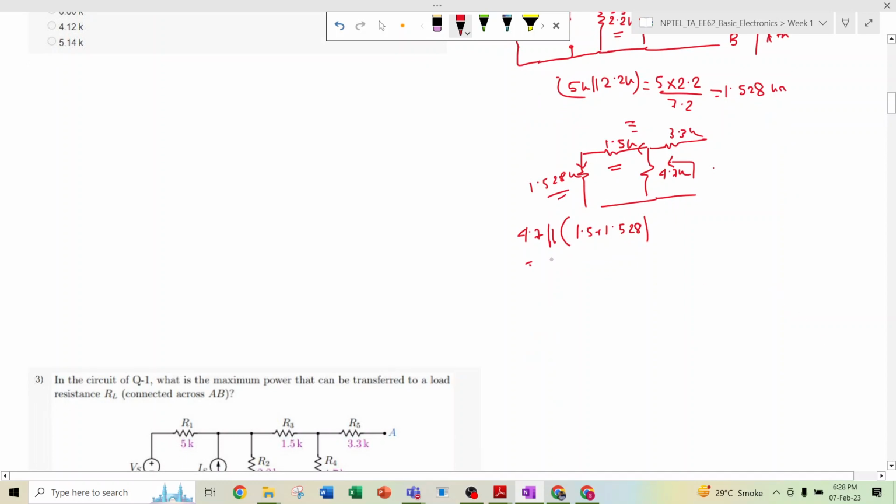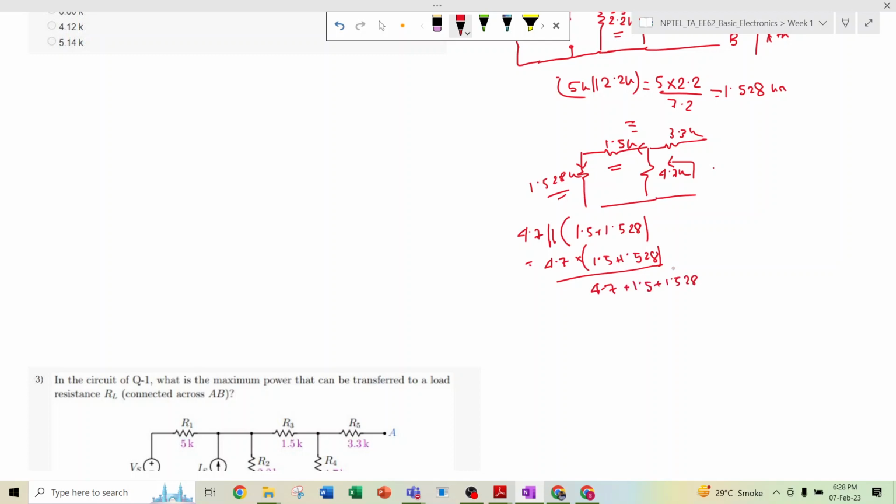So that will come as 4.7 multiplied with 1.5 plus 1.528, divided by 4.7 plus 1.5 plus 1.528.